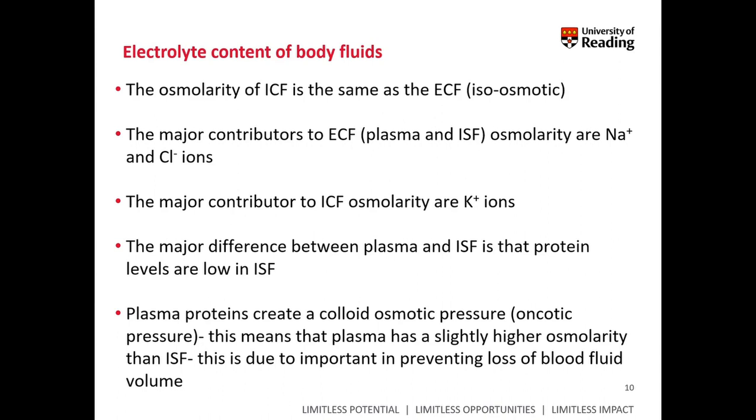So plasma proteins create a colloid osmotic pressure known as oncotic pressure, because the plasma has a slightly higher osmolarity than ISF. So fluids tend to move from the interstitial fluid to the plasma. Now, this is very important, otherwise you swell up, you have edema, and you will lose plasma.